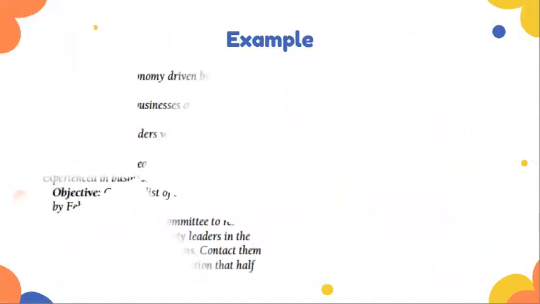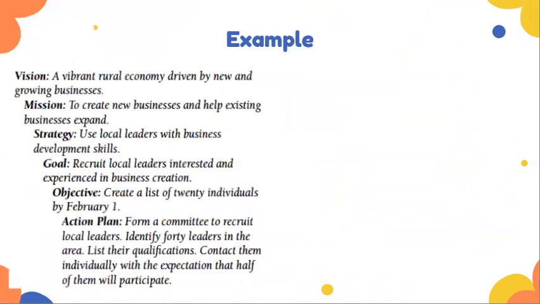Ito ang example natin. If we have this vision, a vibrant rural economy driven by new and growing businesses. So sa vision gusto natin na maging new and growing businesses sa rural economy. So magtatayo ka ng business with the members of a growing businesses.